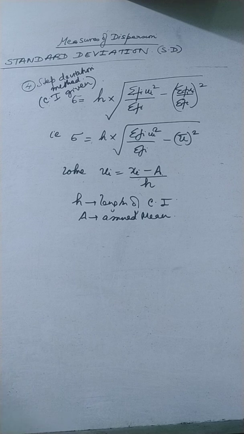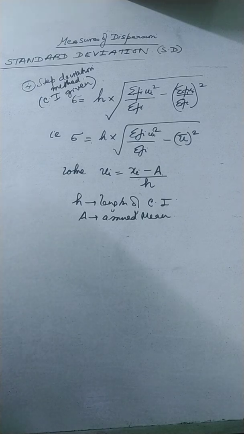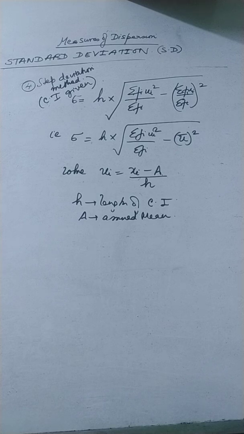In other words, when you have a grouped distribution. Otherwise, you cannot use this formula for any other distribution. If it is ungrouped, you cannot use this formula. So these are the formulae that you have to memorize and keep in mind. There is no other option.